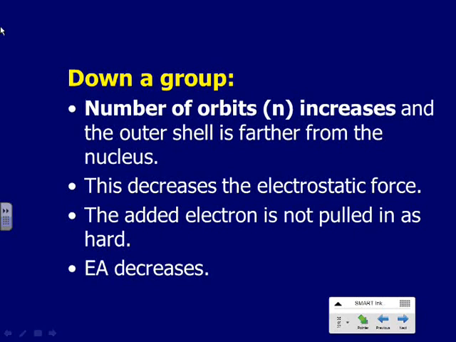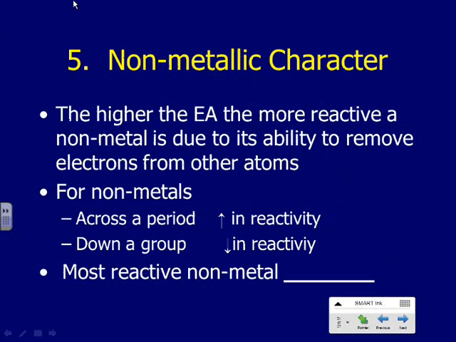The nonmetals have a strong pull. So across the period, for nonmetals, reactivity increases. More reactive. And down a group, the reactivity decreases. So again, the most reactive nonmetal, fluorine.